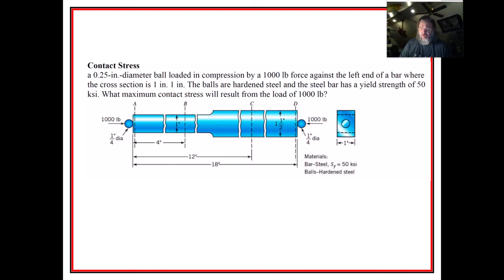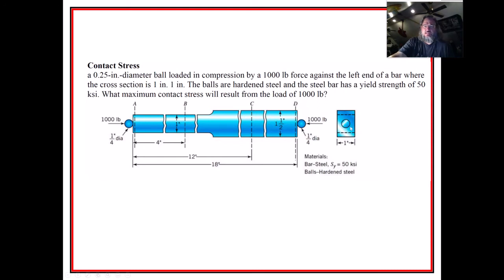So here's another problem. I think this is out of Juvinall. I should look up and give the attribution for what problem number this is. So we have this quarter-inch diameter ball. It's being pressed up against the end of this shaft with 1,000 pounds force, and against the left end of the bar, which has a cross section of 1 inch by 1 inch, I guess is what they're saying right there.